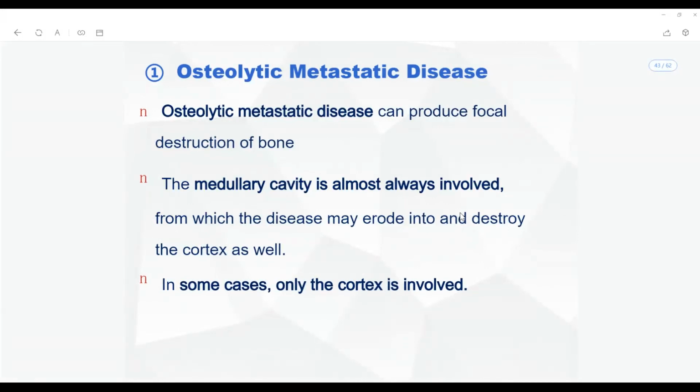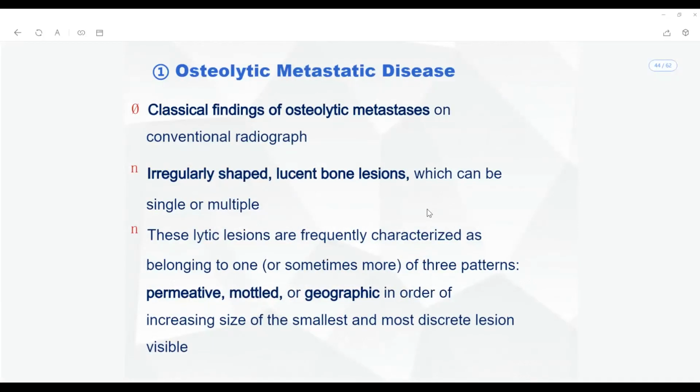Okay, so let's look at some classical radiographic features. The main characteristic radiographic feature is irregularly shaped lucent bone lesions, which are single or multiple. Multiple lucent lesions are called skip lesions.